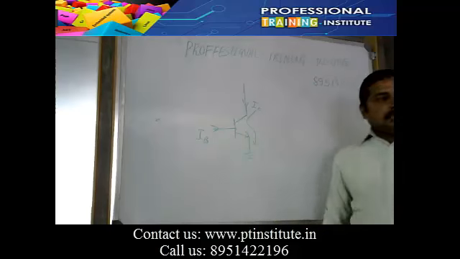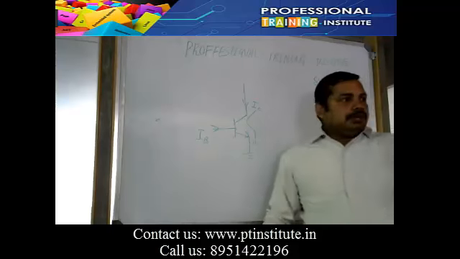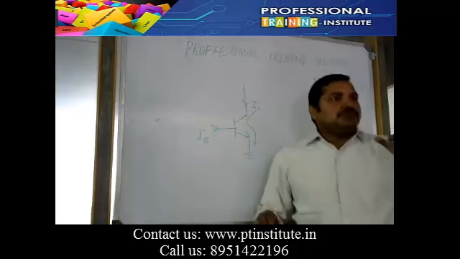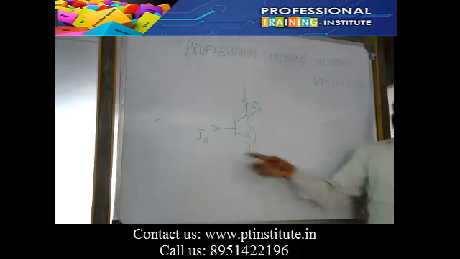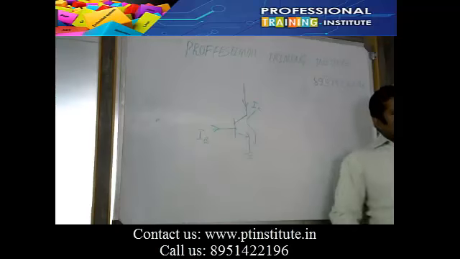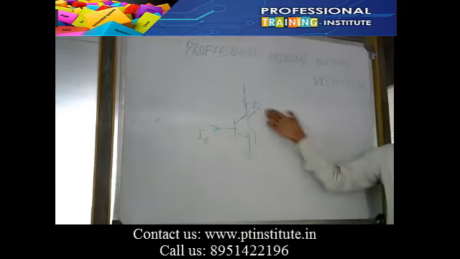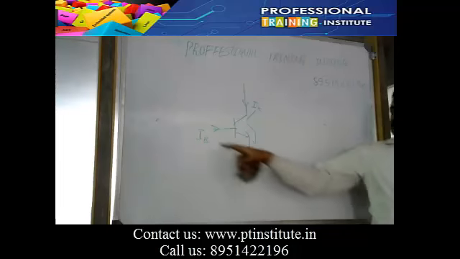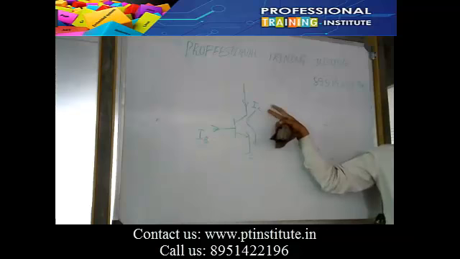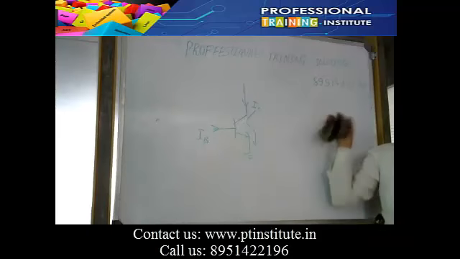Whatever current I give here, more, less, more, less, accordingly the collector current will flow. If it is more, I will get more, less, more, less, more.